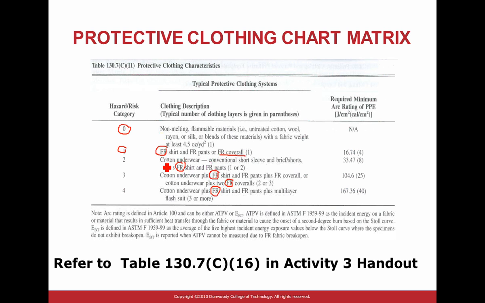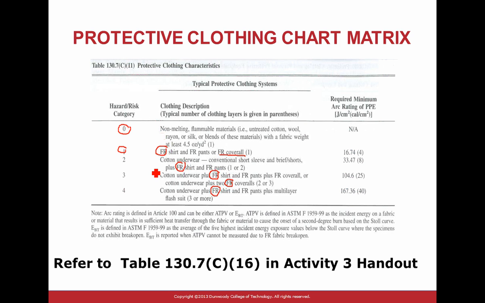Look at category 2: cotton underwear, conventional short sleeves and briefs, plus fire rated shirt and fire rated pants. So they're getting to the underwear here. After category 2, they start getting into what you dress underneath too. Any comments, guys? Any questions about the dress for the categories?